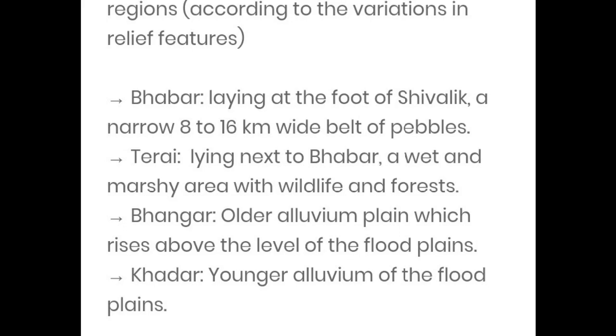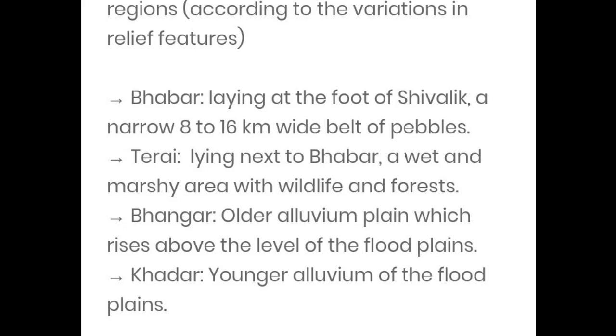Then the third division is the Bangar. The largest part of the northern plains is formed of older alluvium, which lies above the floodplains of the rivers and is present as a terrace-like feature.